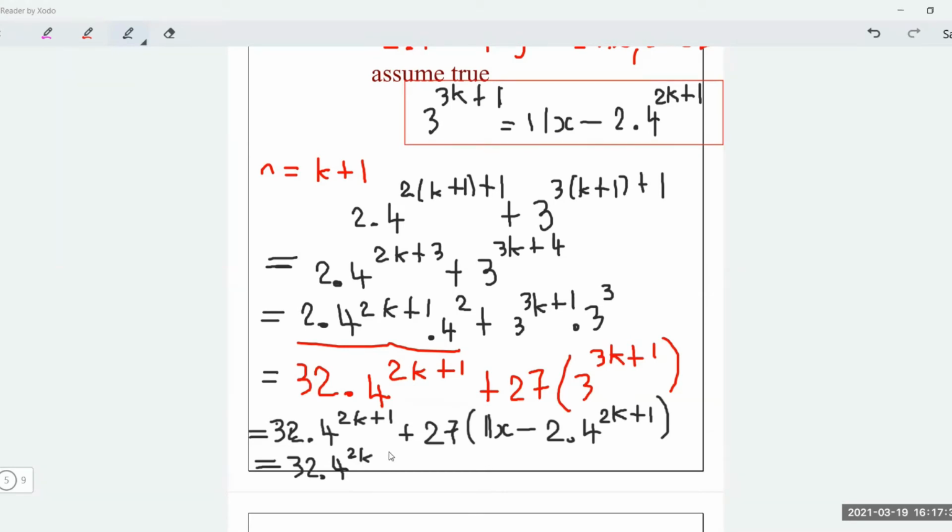And then we have this minus the 27 times minus 2, which is going to give us minus 54 times 4 to the 2k plus 1. And then we have 27 times 11x, and 27 times 11 is 297x.